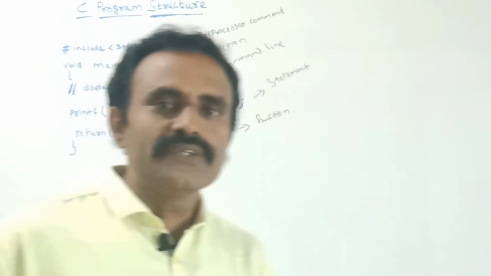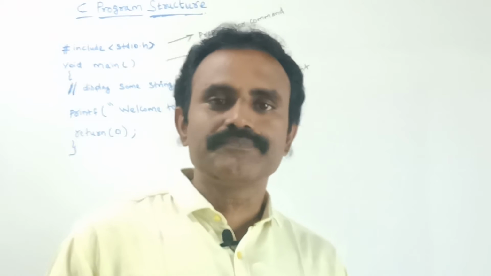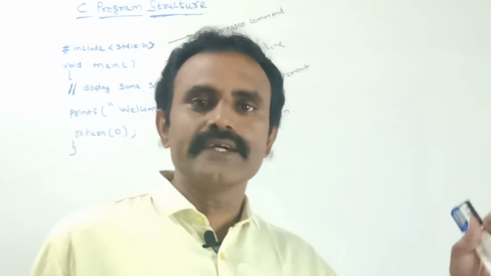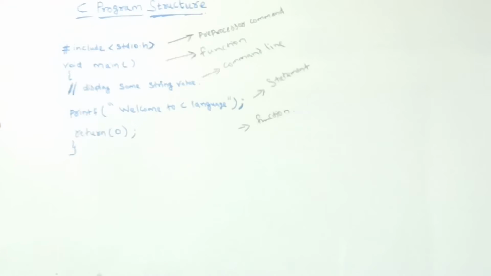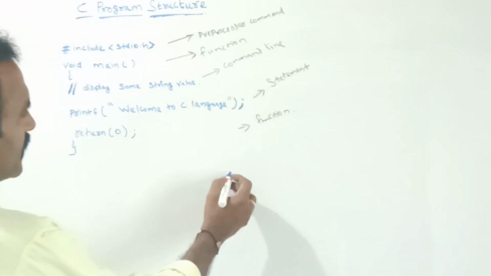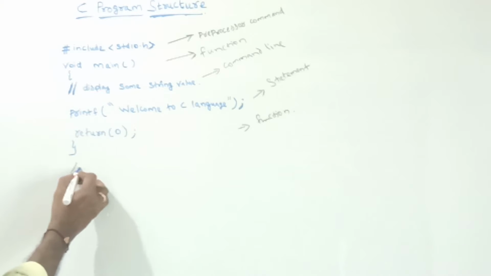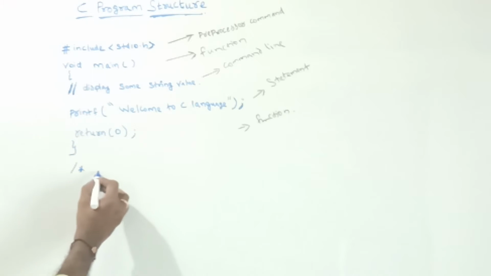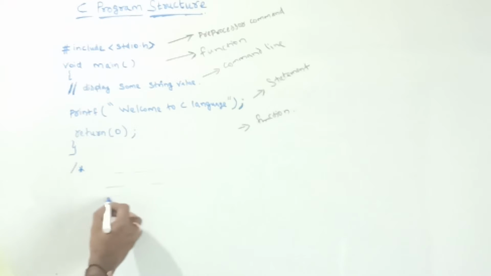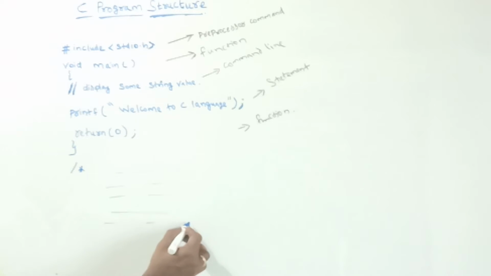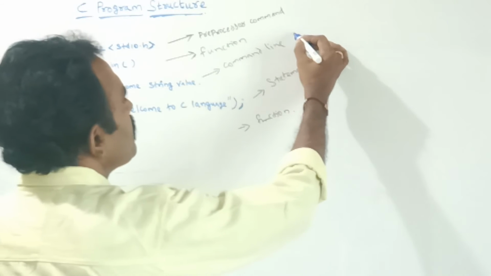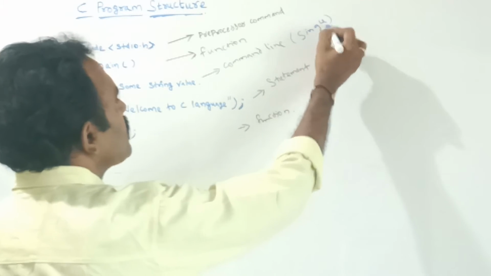Suppose we need multiple lines. In that case we can use this symbol, that is one forward slash followed by a star, then we can write multiple lines of statements. When we are completing the narration, at last we should use star and forward slash. This one is for a single comment line.